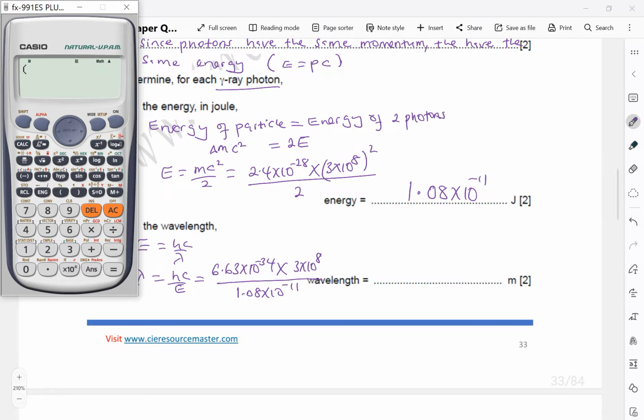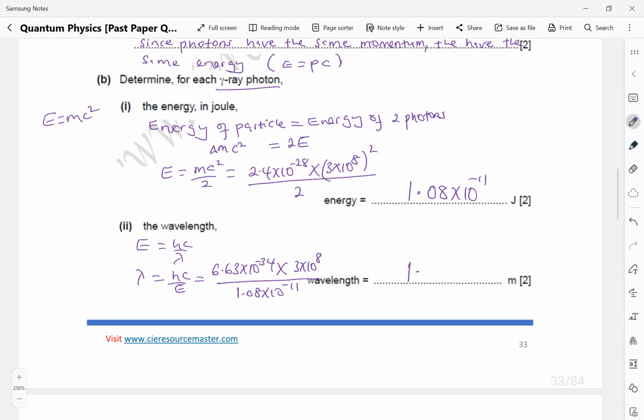So I have 6.63 exponent minus 34 times 3 exponent 8, then divide by the answer. So that's 1.84 times 10 to the power of minus 14 meters.